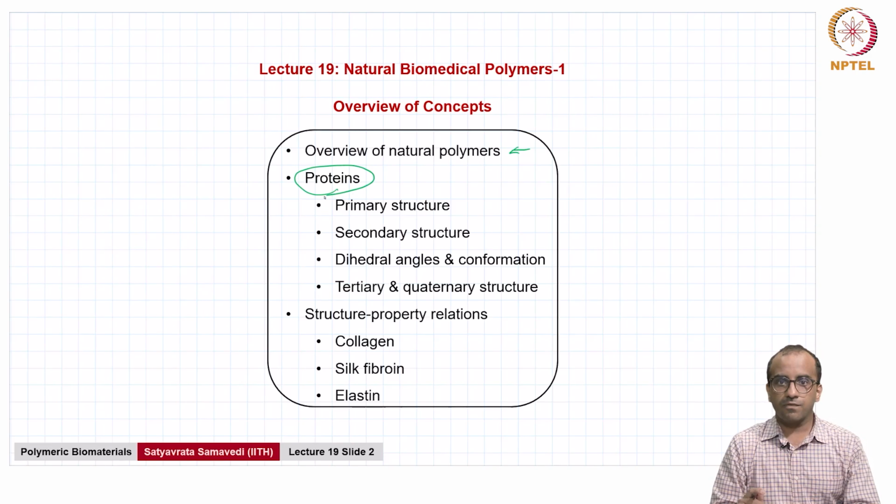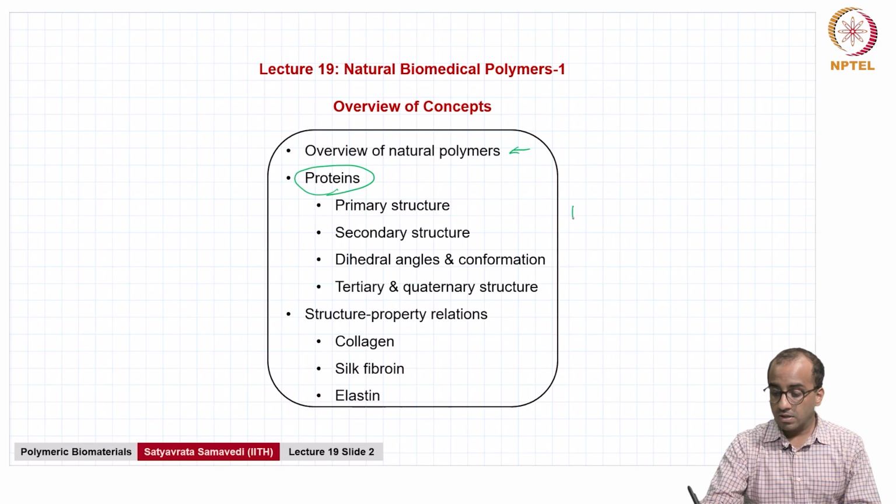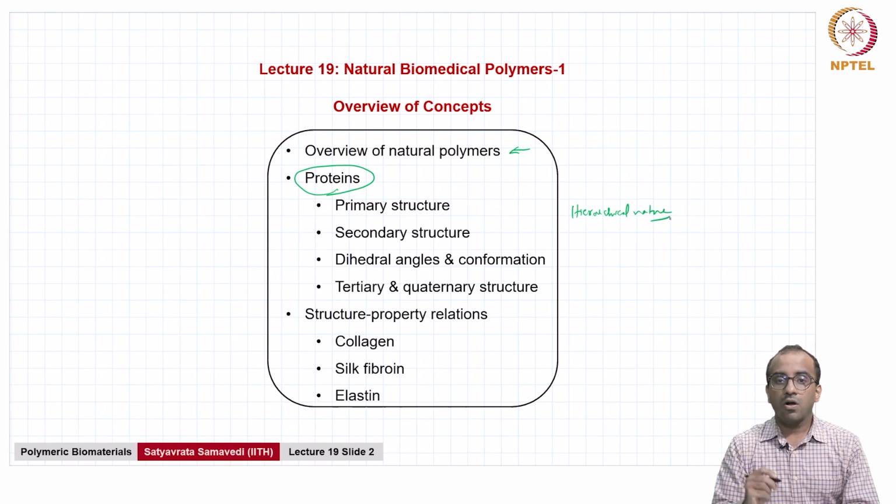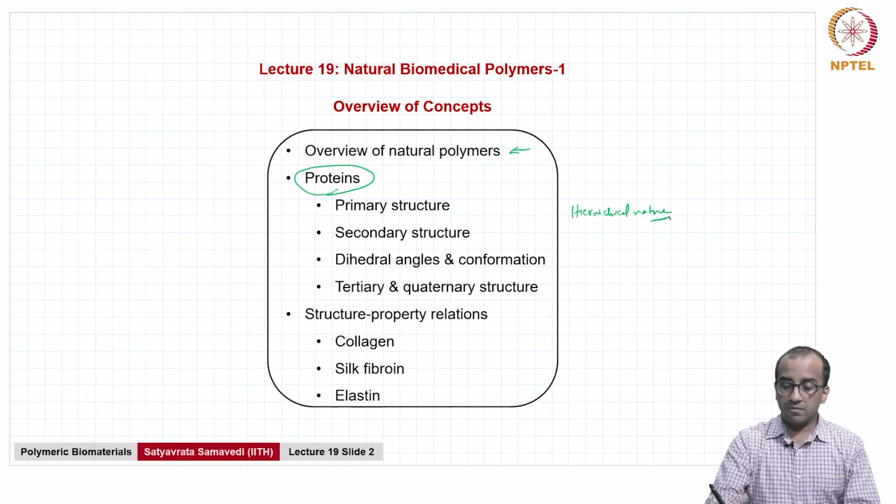And as part of protein structure property relationships, we will be primarily focusing on the hierarchical nature of protein structure and how that leads to specific properties and how that eventually impacts protein function in many different applications.